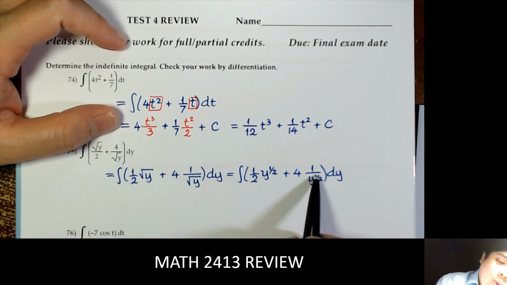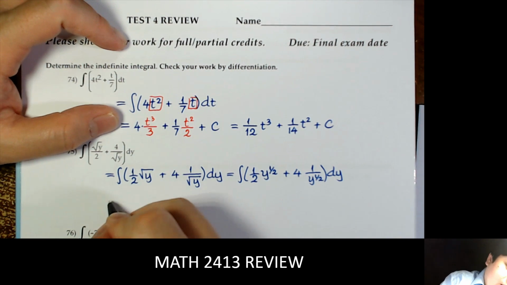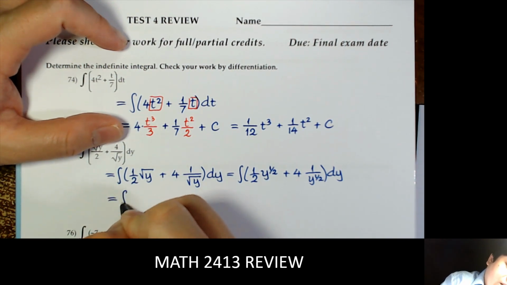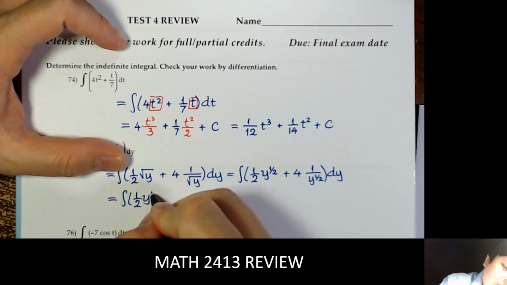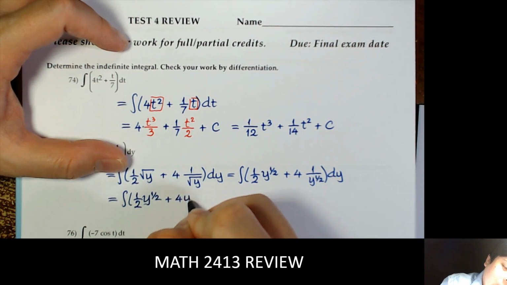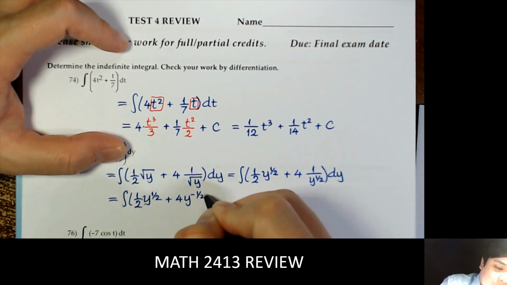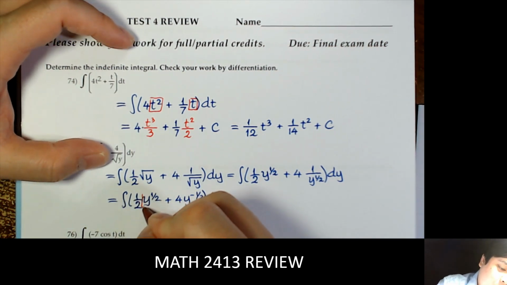Right, and bring the y to the 1/2 from the bottom to the top. That turns to positive. So we'll have integral of 1/2 y to the 1/2 plus 4 y to the negative 1/2 dy. Once again, we applied the power rule.